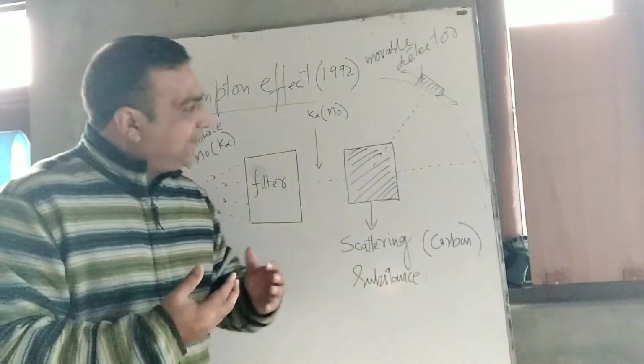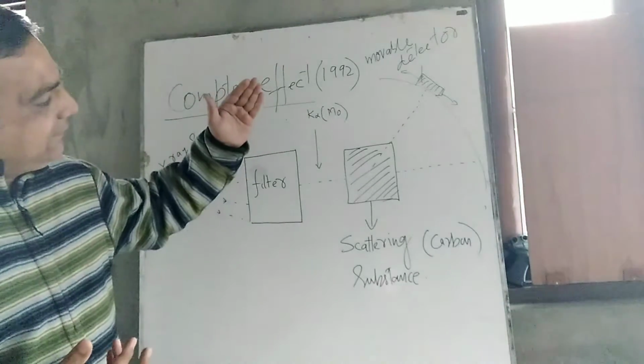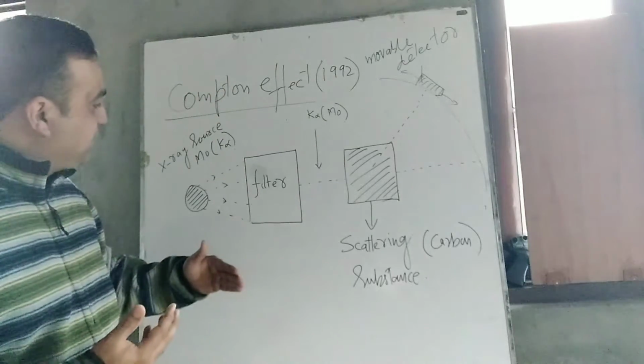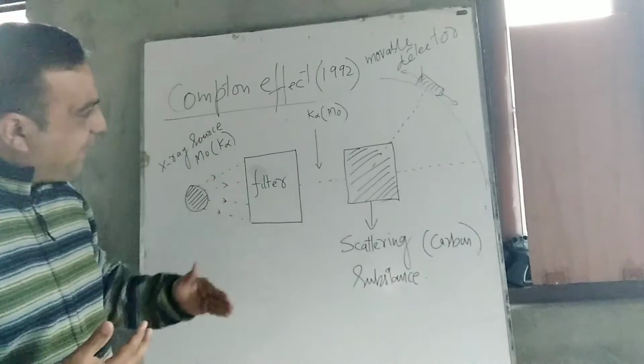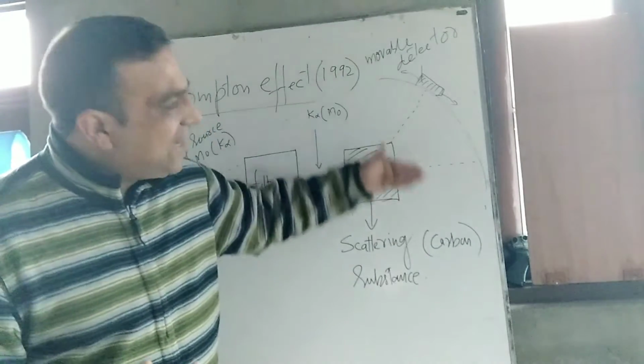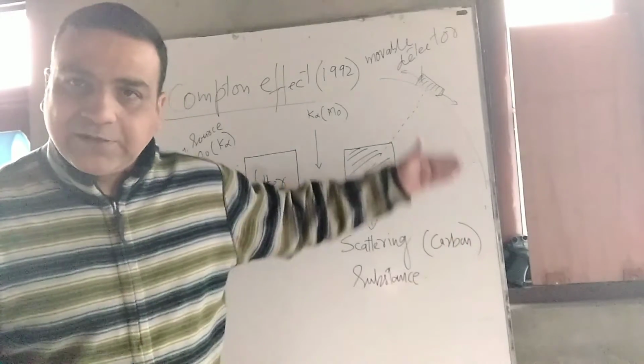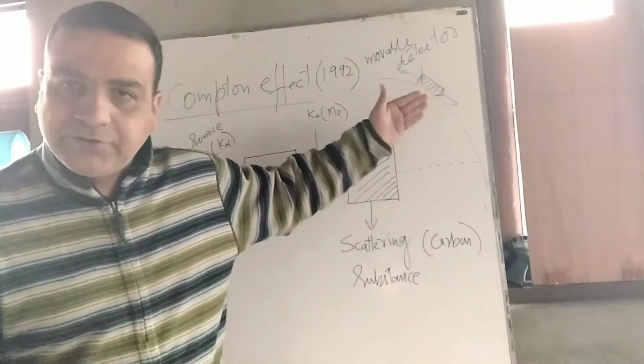So probably the outcome of this experiment is that the scattering is taking place, and we are expecting that the scattered radiations must have the same frequency all along this detector that's moved in all directions.